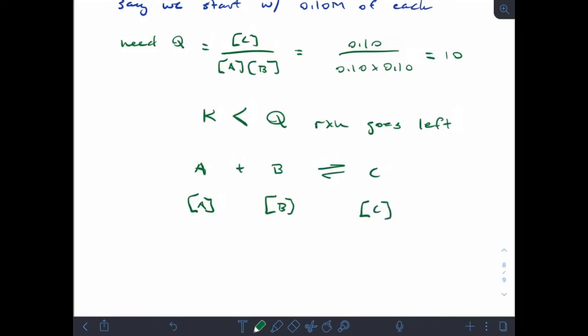My concentration of A, my concentration of B, and concentration of C. Now you can do this for pressures also. I could have pressure of A, pressure of B, pressure of C. So my first line of my ice table is the initial line.